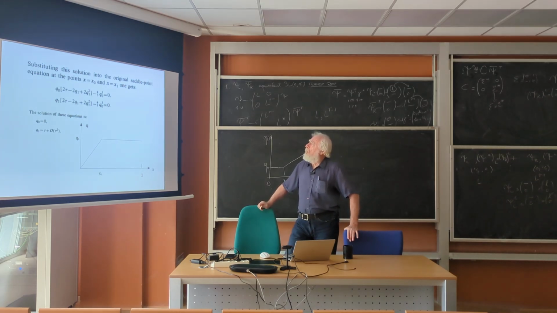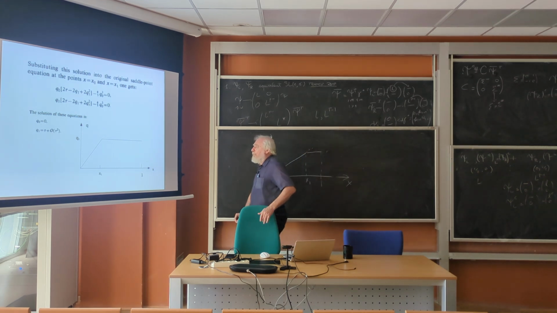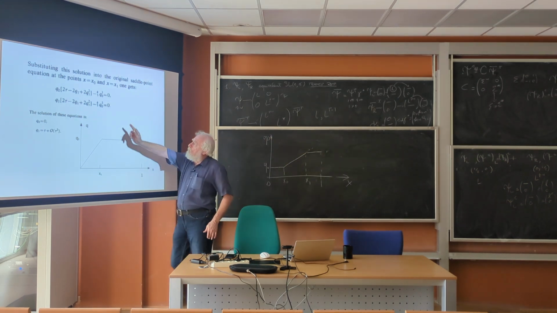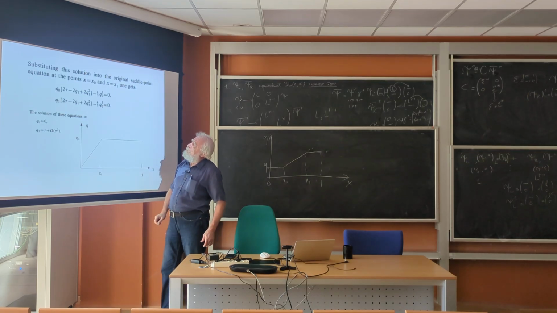After substitution of this piecewise linear solution, we come to this couple of equations. The solution of these equations is that Q0 is 0 and Q1 is approximately tau. As a result, the whole function looks like this.